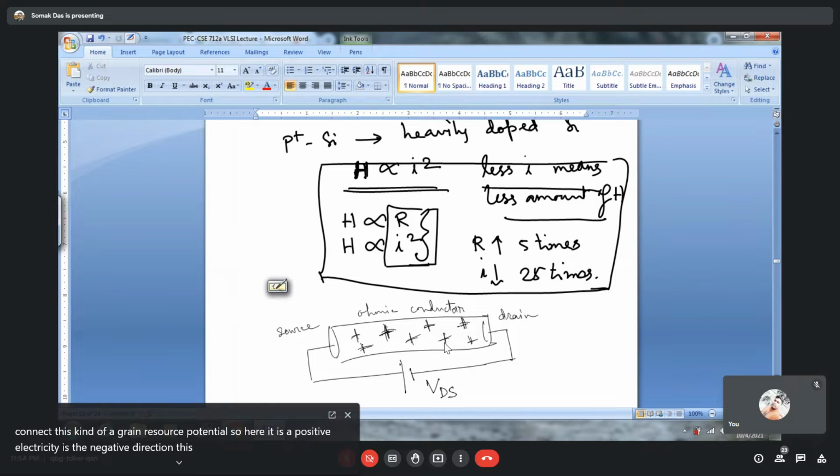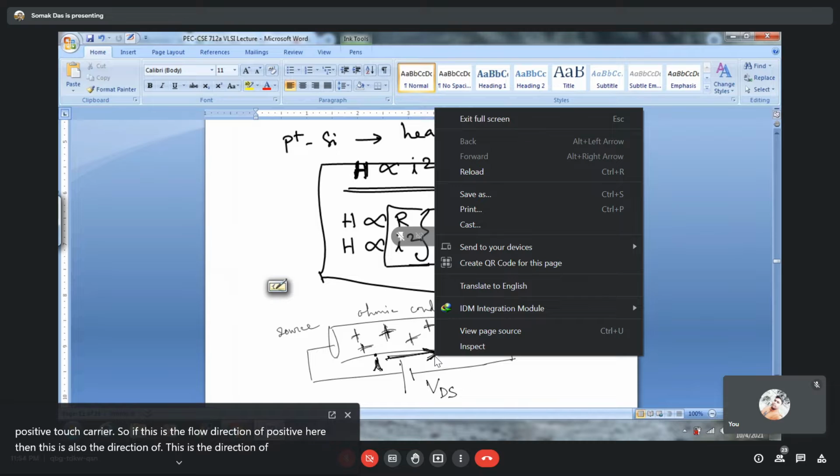This positive electrode will repel the positive charge carriers towards the other end. So here this is the flow direction of holes or positive charge carriers. If this is the flow direction of positive charge carriers, then this is also the direction of current flow. What is this current?